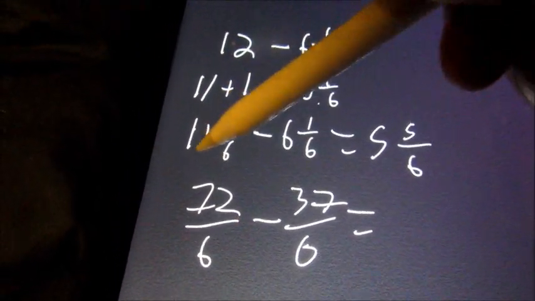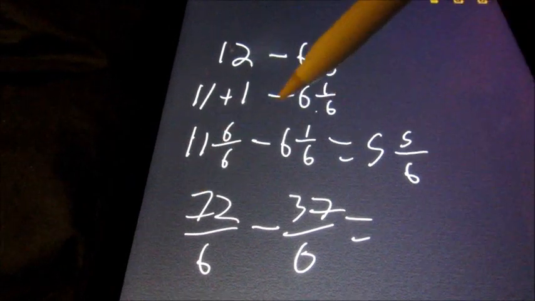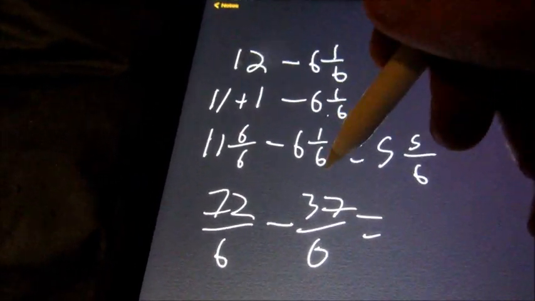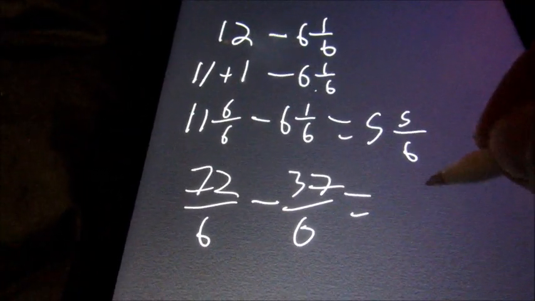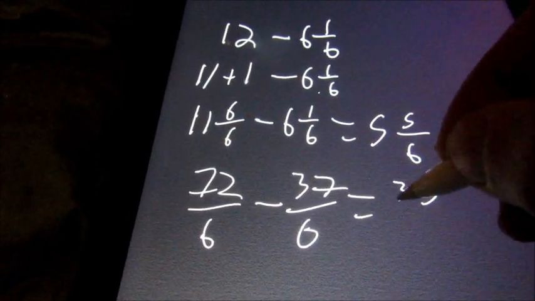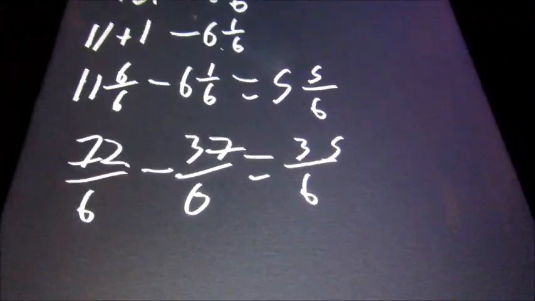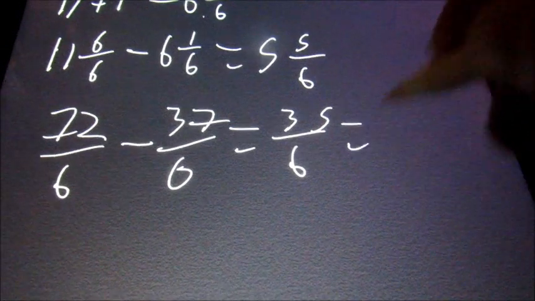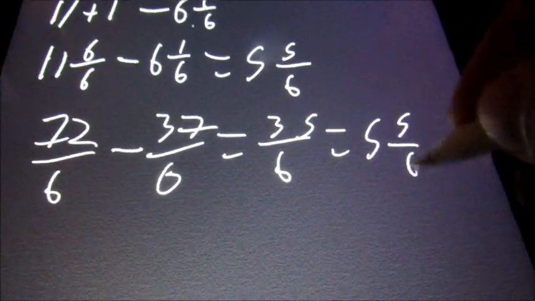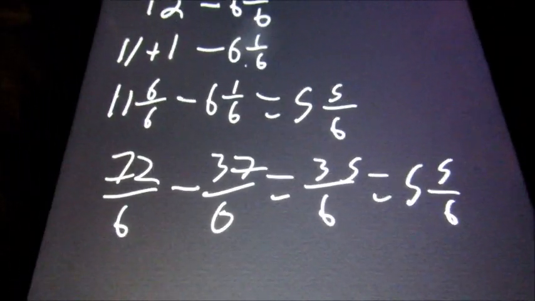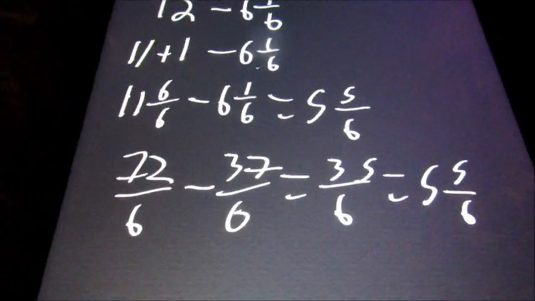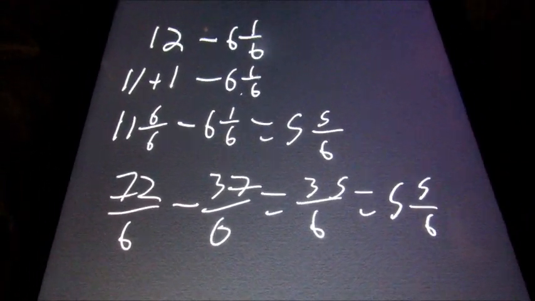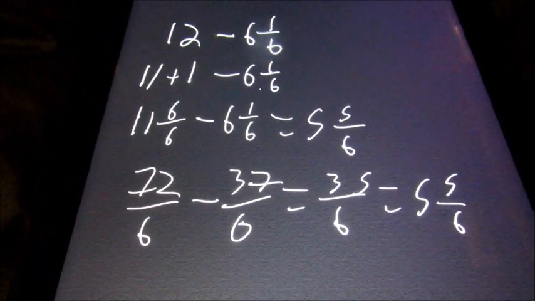When I subtract 72 minus 37, I'm going to get 35 over 6. 6 goes into 35 5 times with 5 remaining, and I get 5 and 5/6. So here I did this one 2 ways, so you can pick whichever way you think would be easier for you.